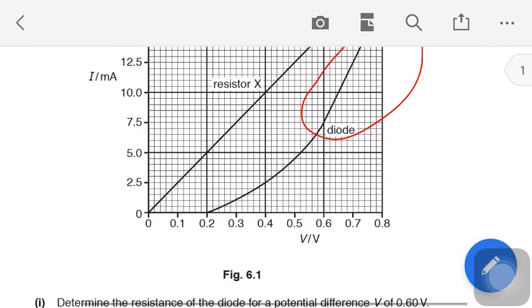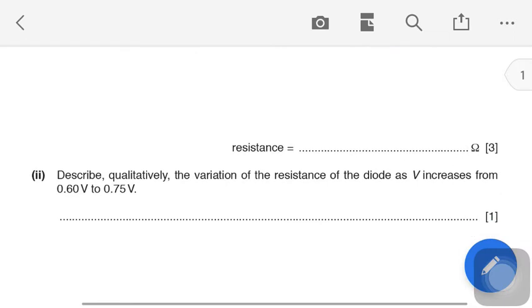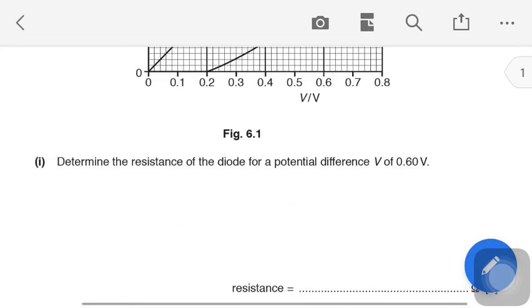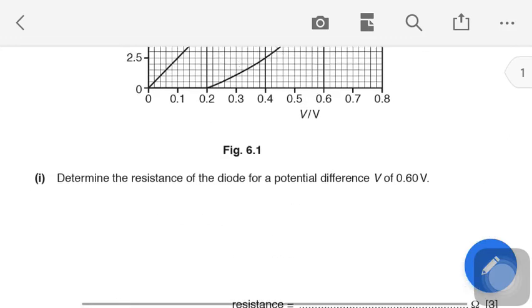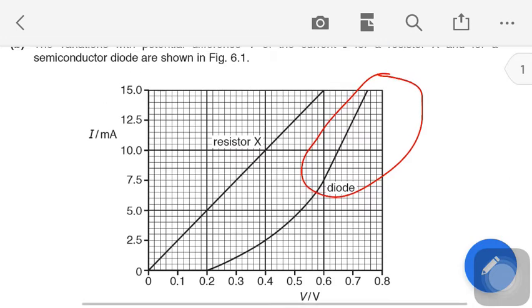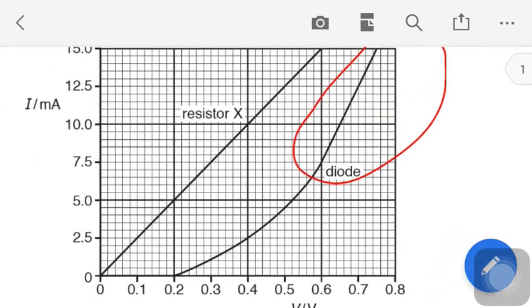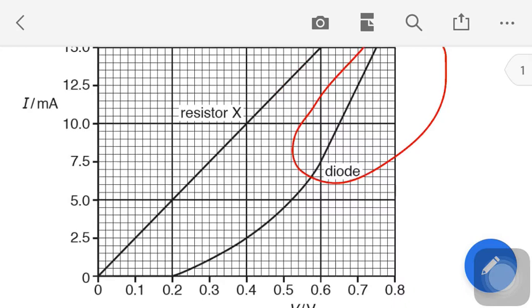But the issue is it looks like a straight line. So those who have mistaken it as a straight line and wrote that resistance remains constant get it wrong. And those who have answered the question from their knowledge that for a diode it's going to continuously decrease would get the mark. But actually, though it looks like a straight line, if you try to calculate the resistance values, we already calculated the resistance at 0.6, that is 80 ohms.